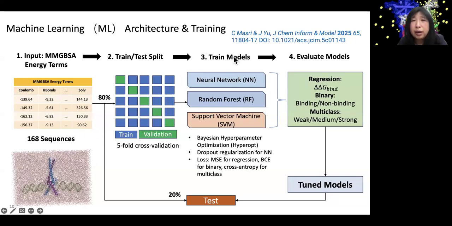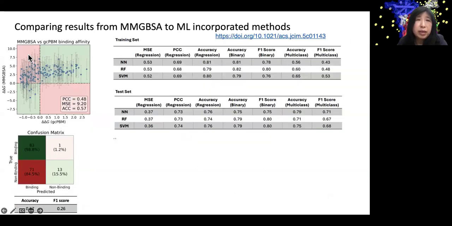We use a neural network, or more traditional methods from random forest to support vector machine, with the experimental data for regression or classification. Roughly, the result is that if we just take the MMGBSA method without machine learning versus experimental data, the correlation is pretty low, and the classification is also not very good.